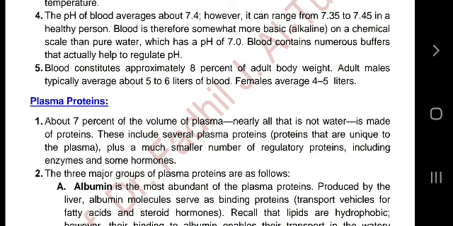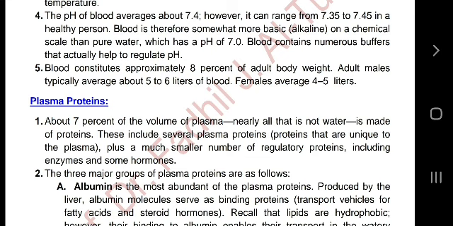If the number of amino acids in the polypeptide is more than 100, of various types, it is called a protein. So proteins are present in the plasma in various types and play various roles in the plasma.